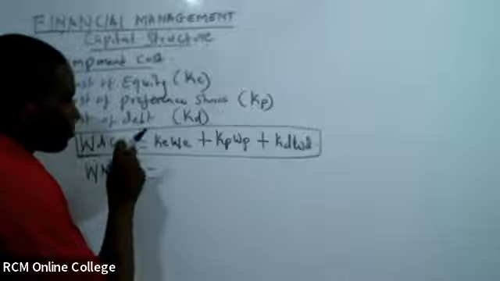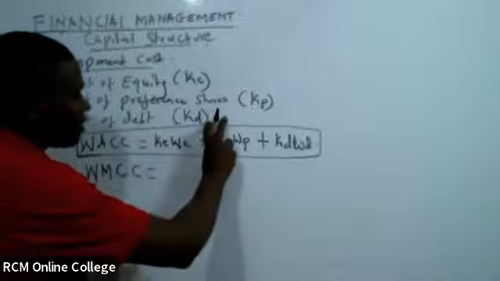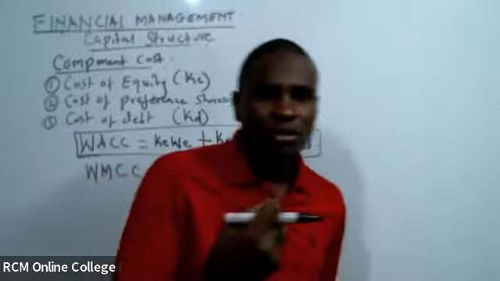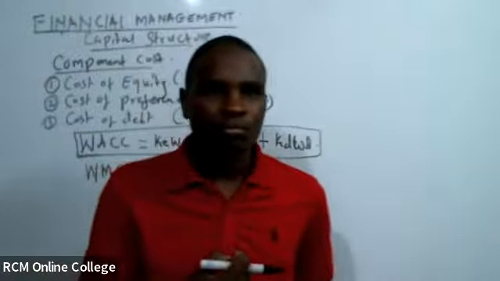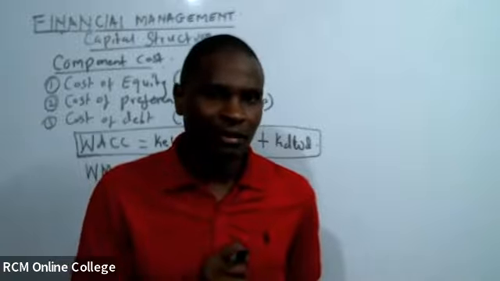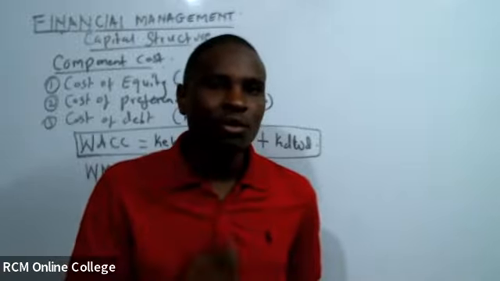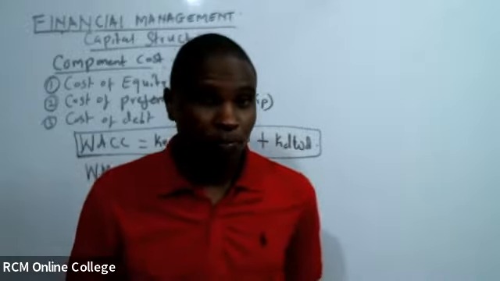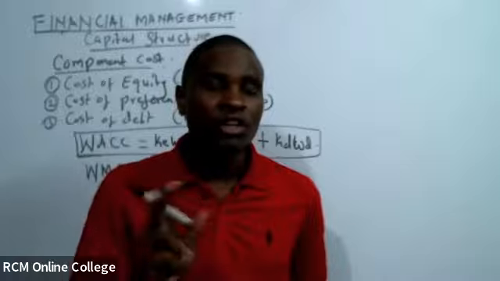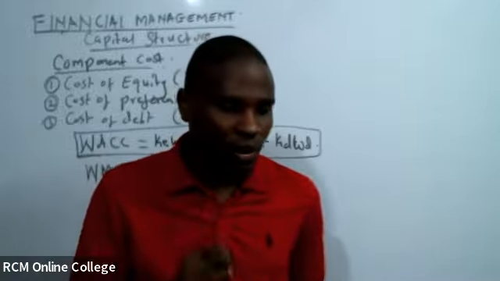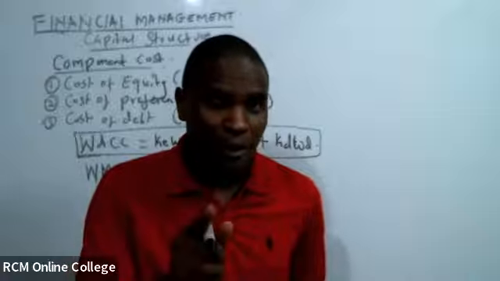Class, remember, under the weighted average cost of capital, there are those items that we ignore. For example, retained earning is ignored when computing the weighted average cost of capital. Do not include retained earning when computing the weighted average cost of capital. Why?